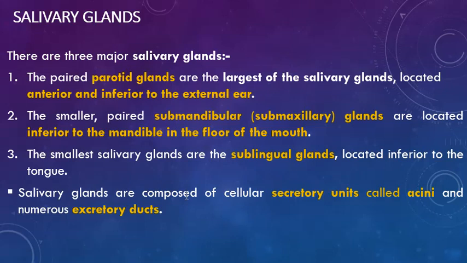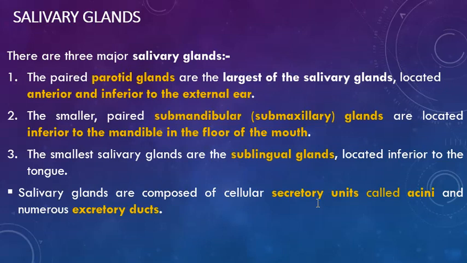Salivary glands are composed of secretory units, called acini, and excretory ducts. Excretory ducts transport their secretion to the oral cavity.